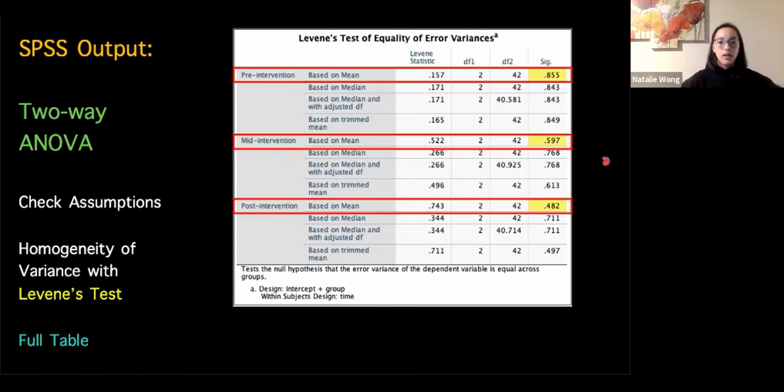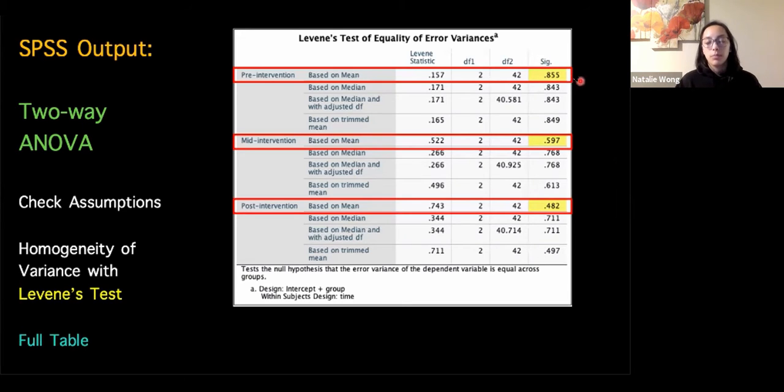So we would say, what are the variances for our sedentary, low intensity, and high intensity groups when we just look at the pre-intervention measurements? Are the variances equal or are they not? In this case, they are, because the p-value is greater than 0.05. And then we would do the same thing for the mid-intervention, and we do the same thing for the post-intervention.